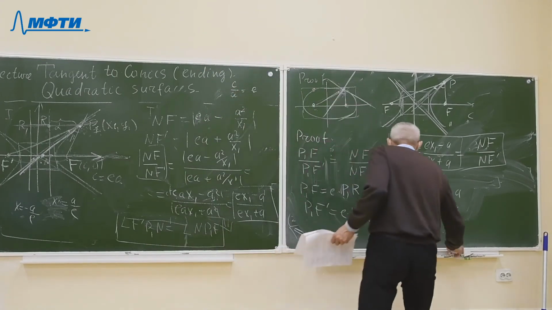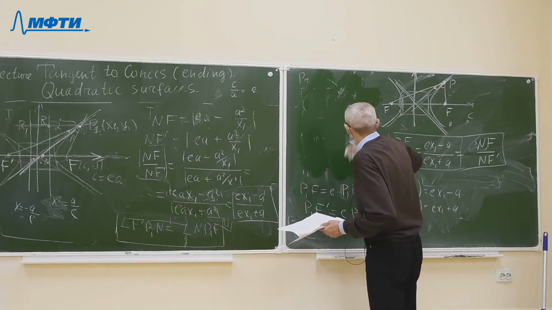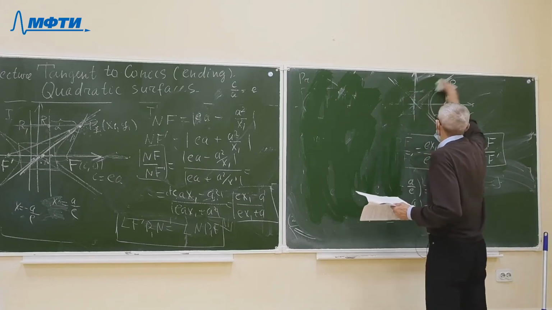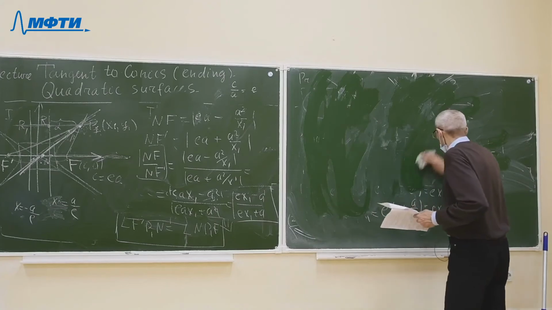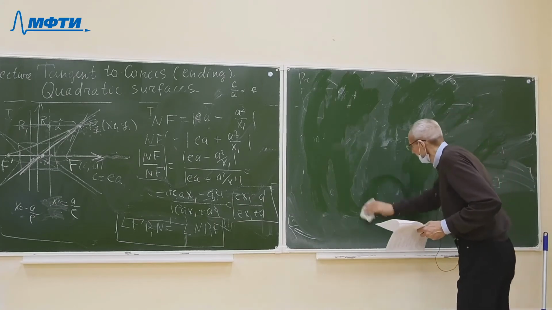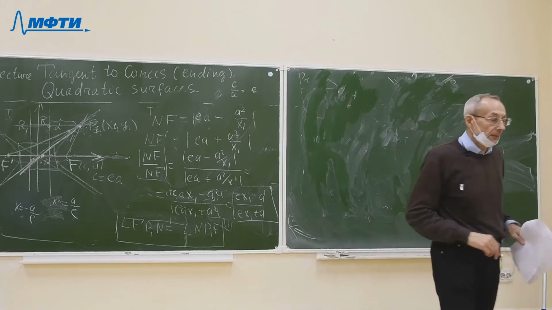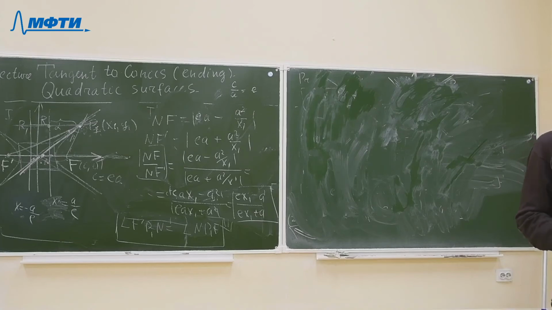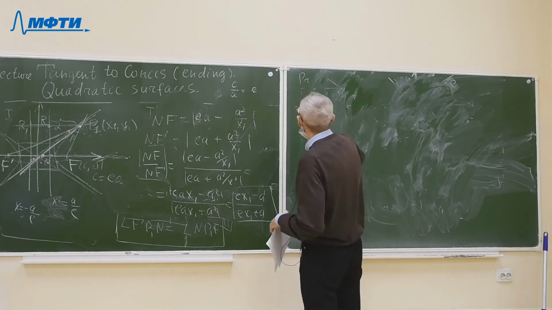Okay, and the last main theorem, which we can prove the same way, the last theorem, Theorem 3. This theorem is about the tangent to the general curve of the second order, to any conic. Theorem 3.